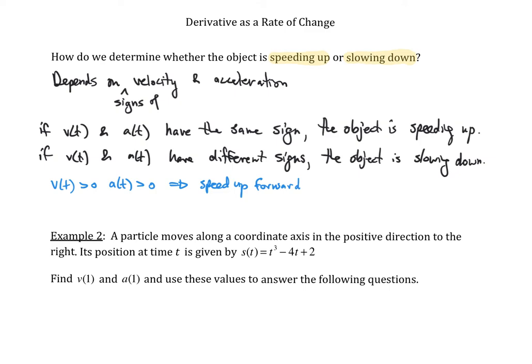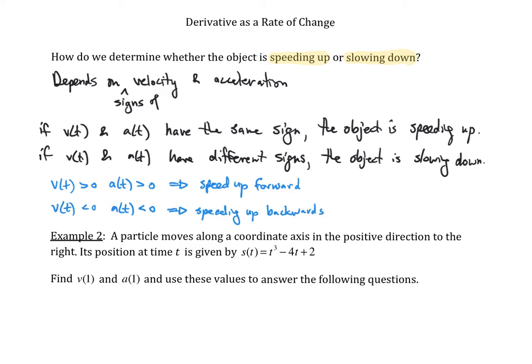If the velocity was negative and the acceleration was also negative, then the signs are still the same, but they're both negative. So this is speeding up, but going backwards.